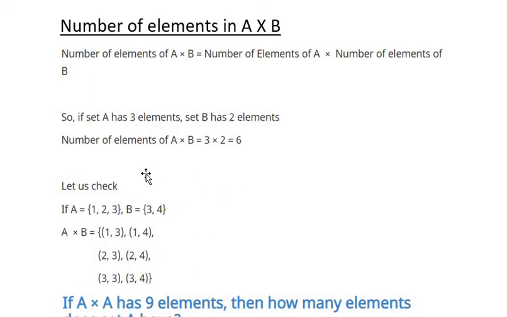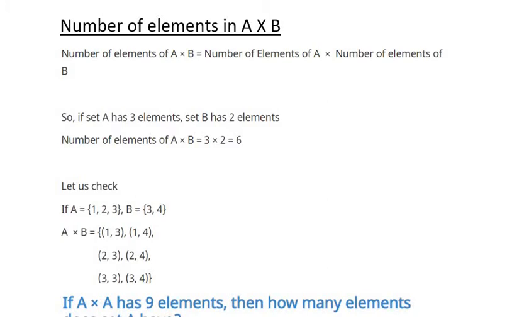So generally, whenever you want to find the total number of elements in A cross B, you multiply the number of elements in A by the number of elements in B. So your answer will be 6. Similarly, suppose the number of elements in A is 5 and the number of elements in set B is 6, then the answer will be 5 times 6, which is 30. So A cross B will contain 30 ordered pairs.